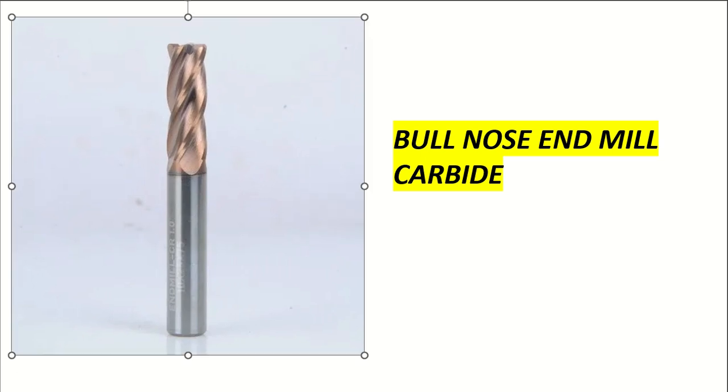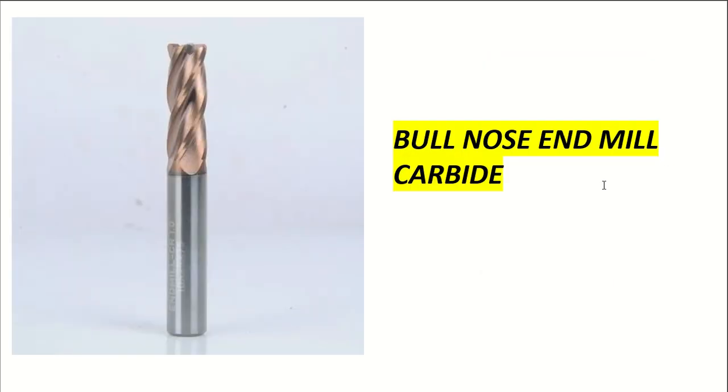I hope you understood the difference between the flat end mill and bull nose end mill. Flat end mill means the corner is flat, the tool doesn't have any radius. If this one has a radius, we can say bull nose cutter. Whatever radius requirement, like point 2 or point 1, that radius will be available in this type of cutter.